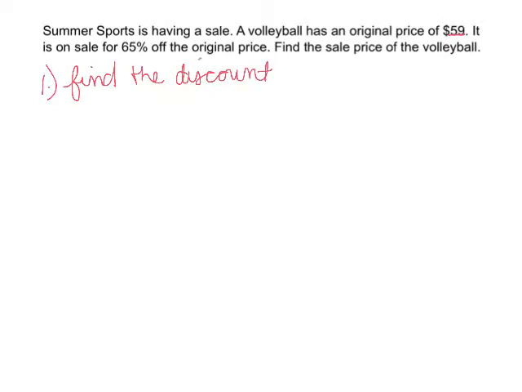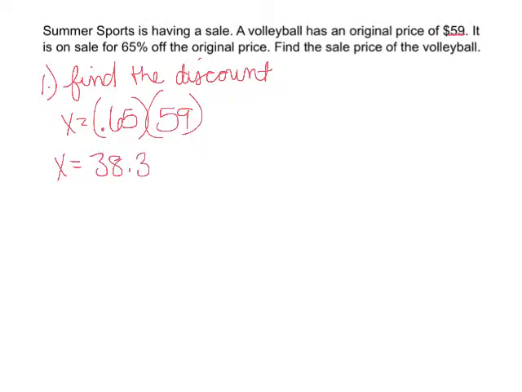To do that, I'm going to find what is 65% of 59. And 65% of 59 is $38.35. And since it's a sale and I am going to take away, we're going to subtract the discount from that original.